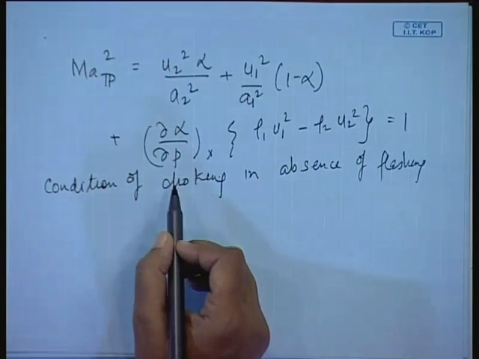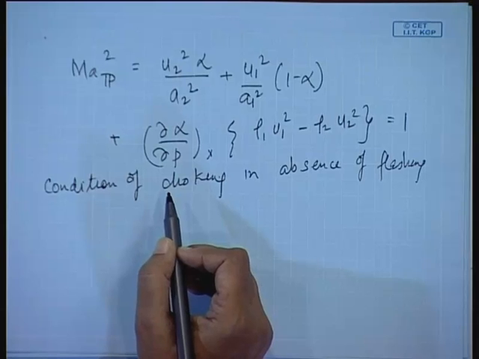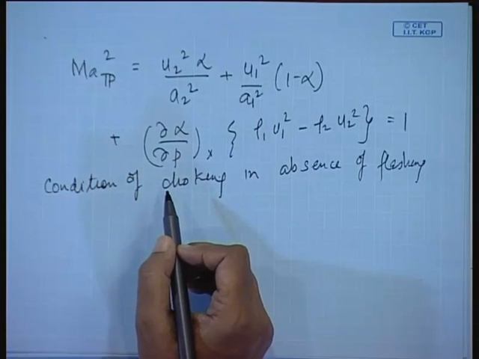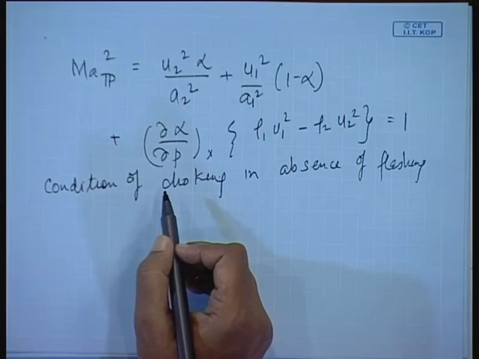If we have to arrive at a much more accurate expression, what will we have to do? We have to go to the basic momentum equations. What did we do? We first derived the basic momentum equation for phase 1, and we derived the basic momentum equation for phase 2.